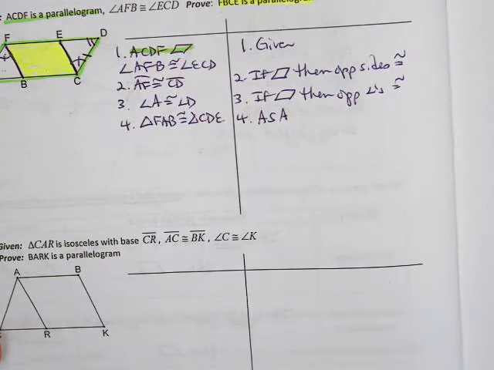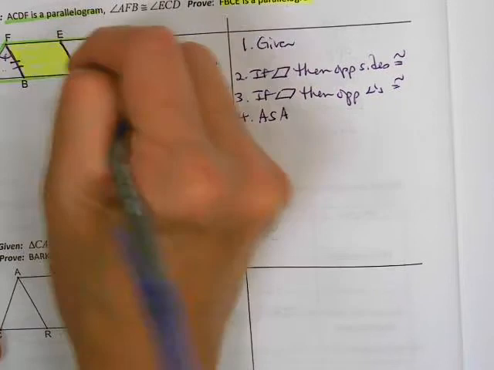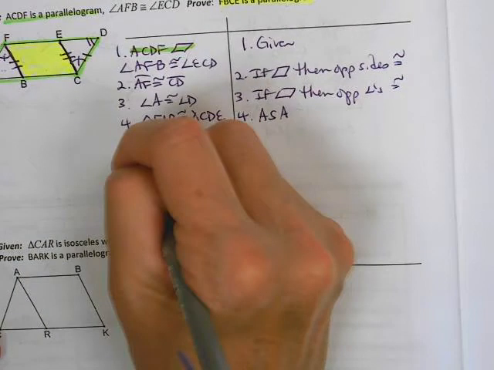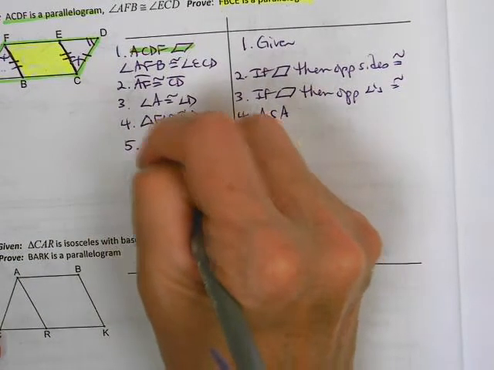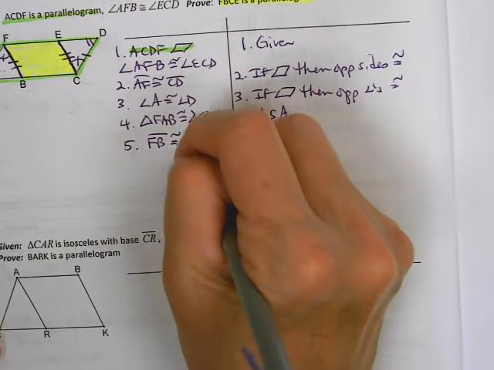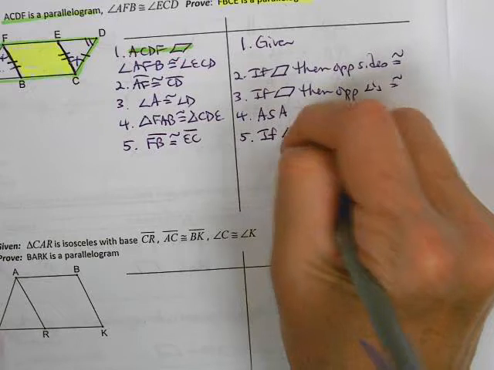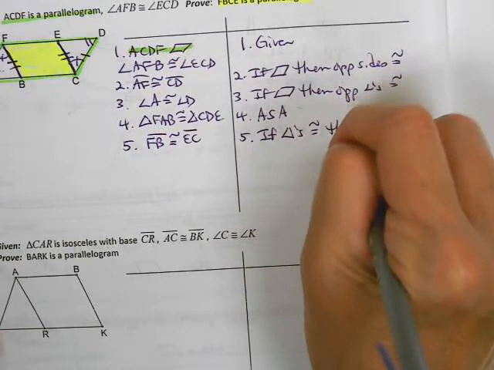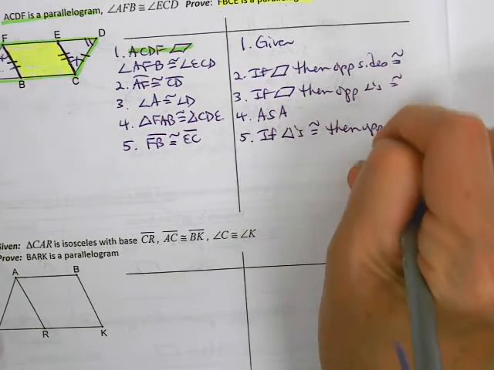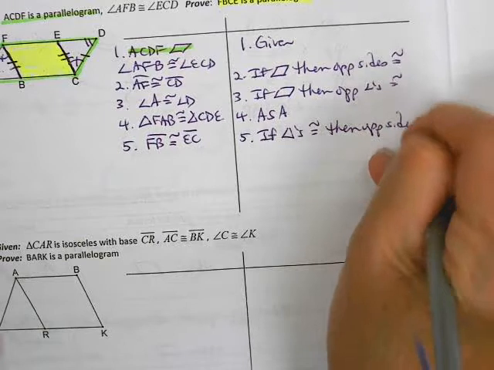That's a pair of opposite sides. So I'm going to say that first. I'm going to say FB is congruent to EC by if triangles congruent, then opposite sides are congruent.